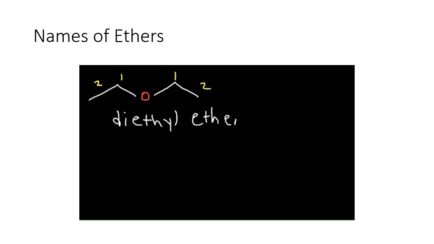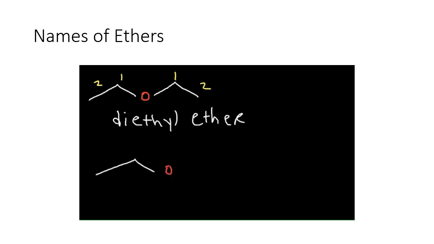Now how about this example? How can we name this particular ether? So notice that we have an ethyl group on both sides. So we have 2 ethyl groups. It's not called ethyl-ethyl ether, but it's simply diethyl ether. So that's the common name. Now for the IUPAC name, we're going to treat one side as a substituent.